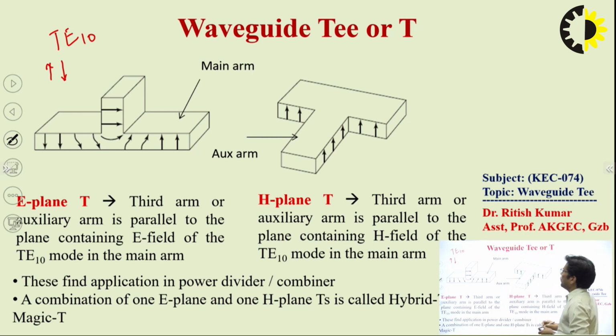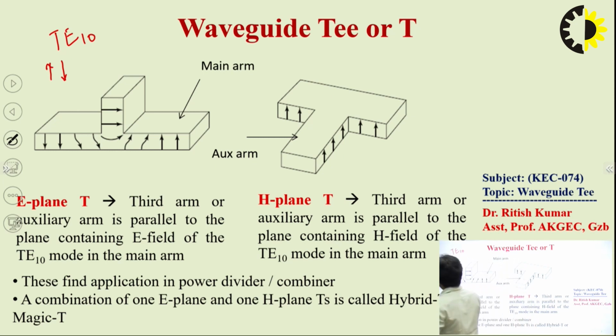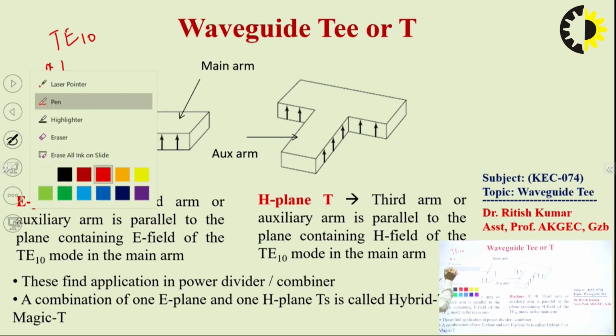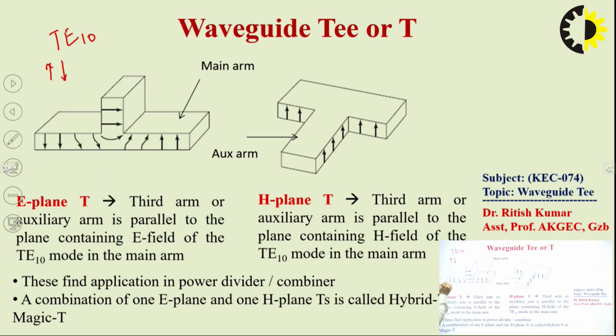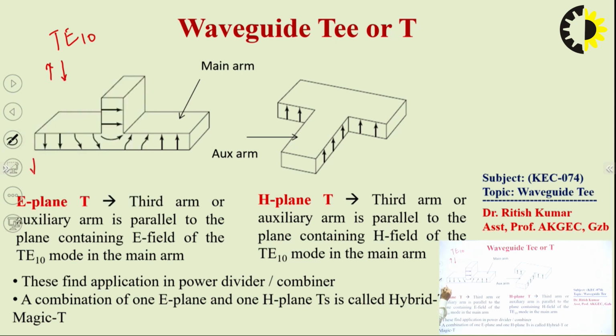In the case of the E-plane tee, this is the side view of the waveguide, and here we can clearly observe the field is going in the downward direction, like this.